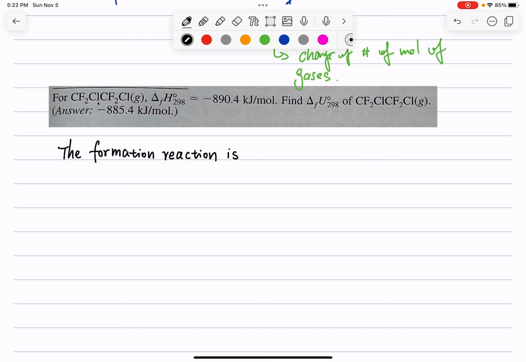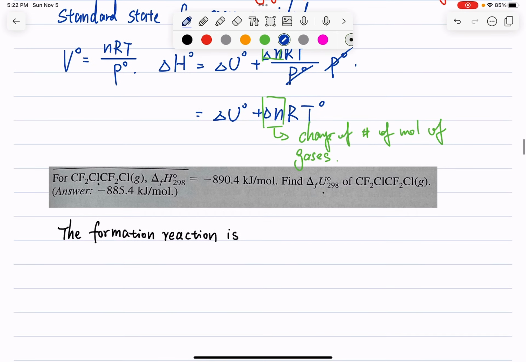And we're asked to find the internal energy of formation of this molecule. So again, what we're talking about is the difference between the standard enthalpy of formation versus the standard internal energy change of formation.